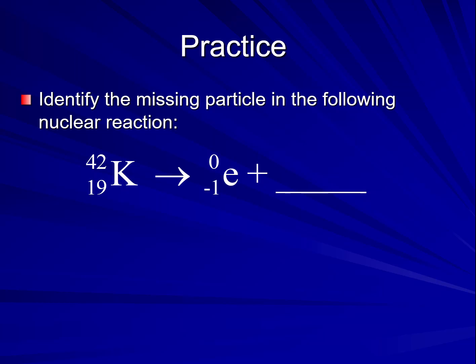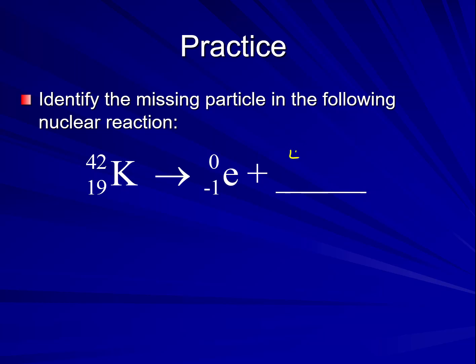Oh, you'll need a periodic table. I can't do it without a periodic table. But I only need it at the very end. Because if you look at this, potassium 42 gives off a particle and makes something else. What is this something else? Well, do it by the numbers. What's the top number going to be on the other side?